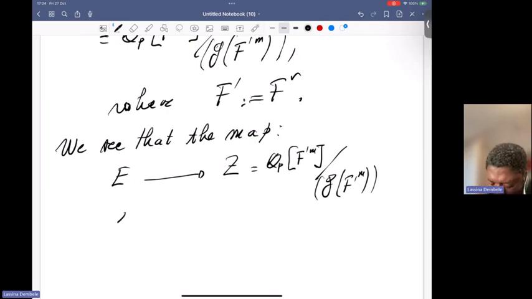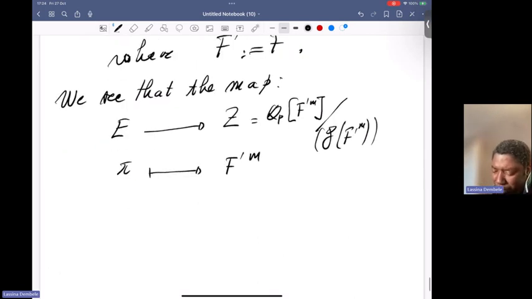So this map, we send pi, which is a root of the defining polynomial, to f prime to the m. And when we do this, this map is an isomorphism.